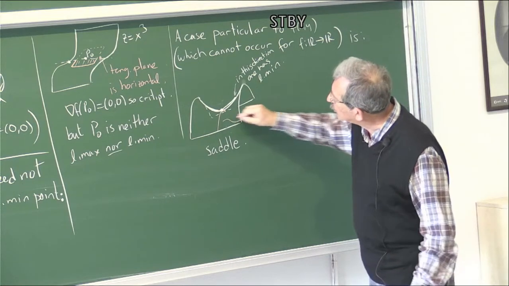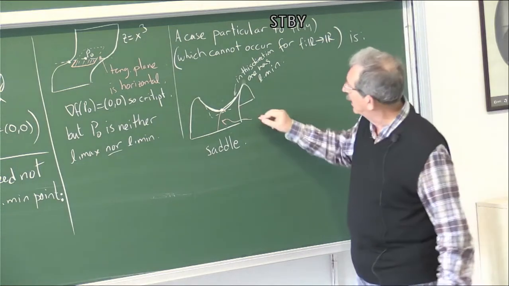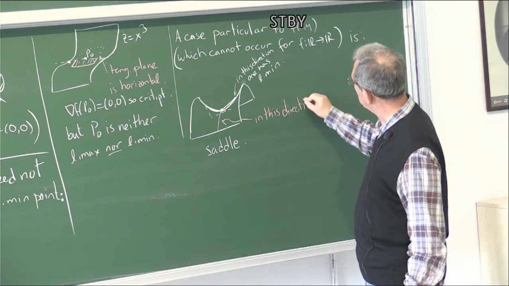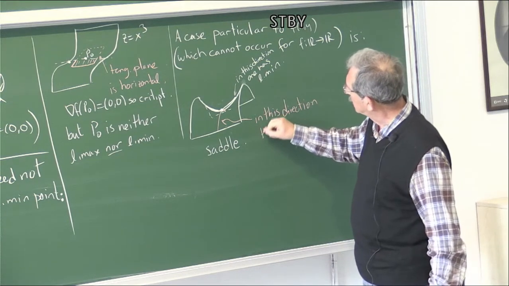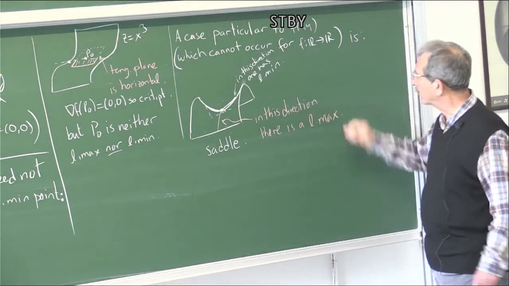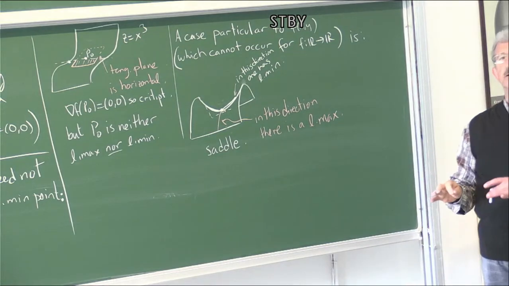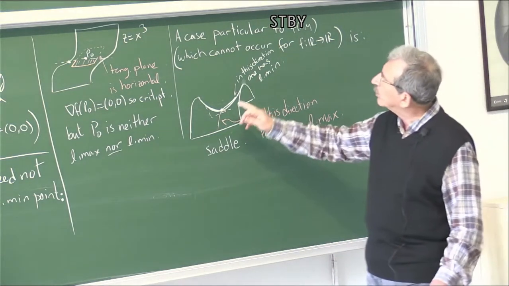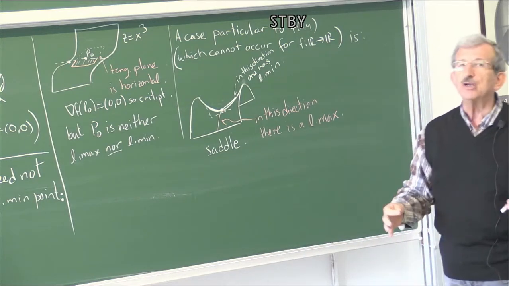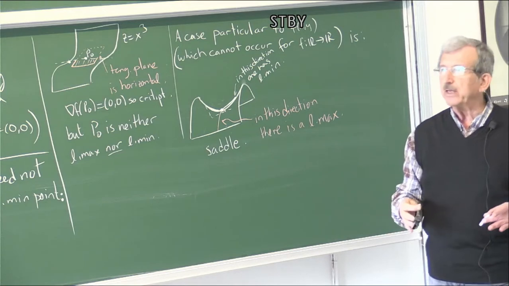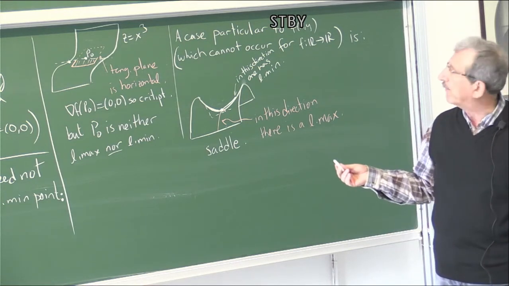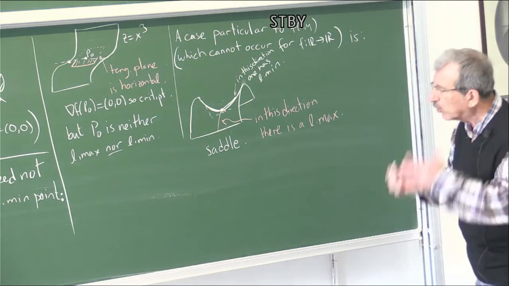And there, of course, we have a local maximum. So depending on the direction in a saddle, you have a local minimum or a local maximum. This is the definition of a saddle point. Namely, if in some directions you have a local maximum and in some you have a local minimum, then you call it a saddle point.